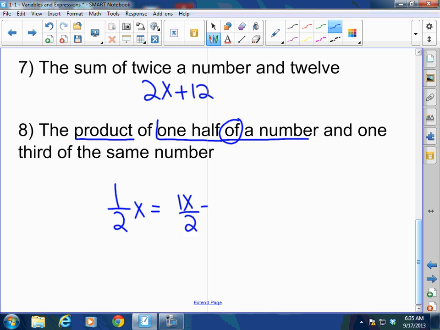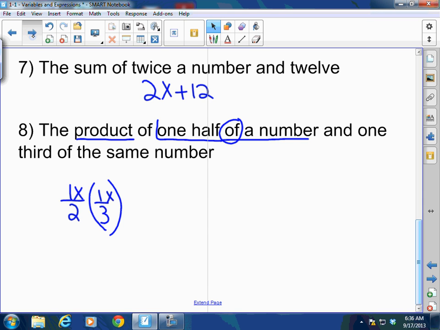So you could write it like that, or you could just write x over 2. Okay? Make sure you realize that the x is in the numerator. So 1/2 of a number, 1/2 times x, the product, so times 1/3 of the same number, 1/3 of x. And there you have it.